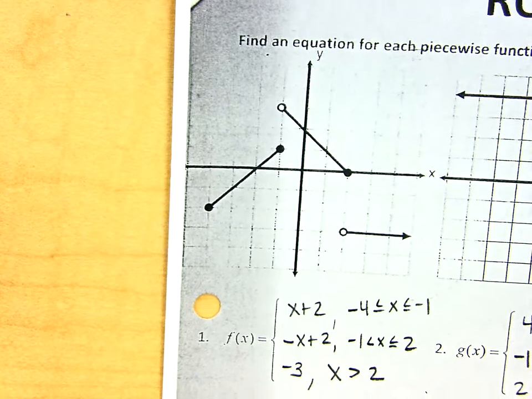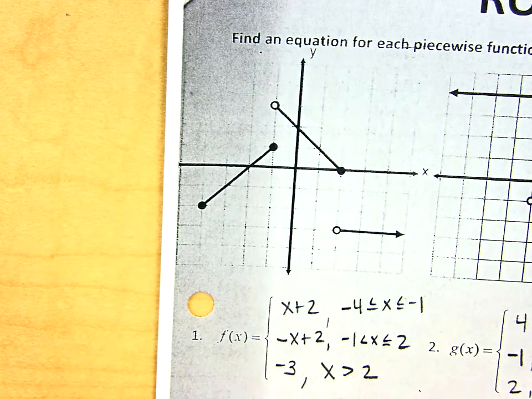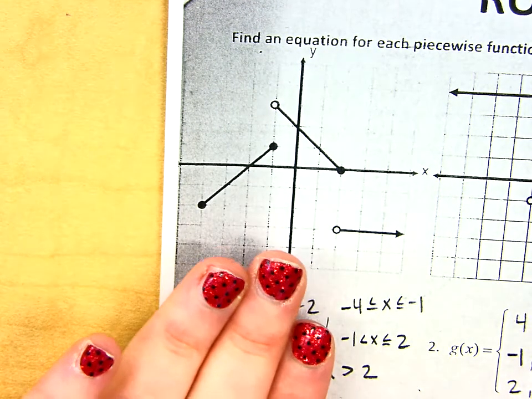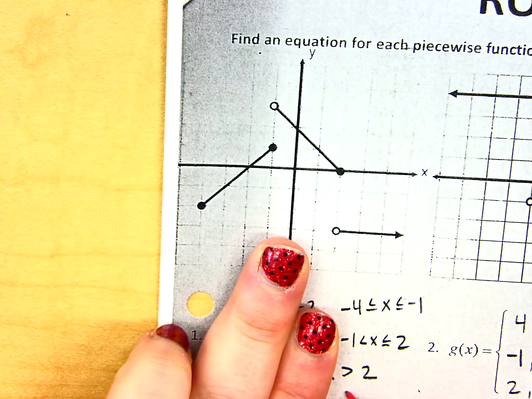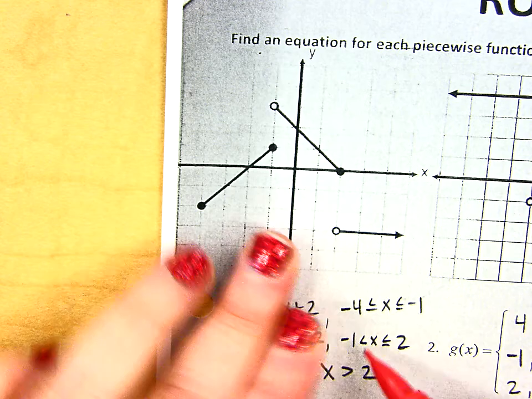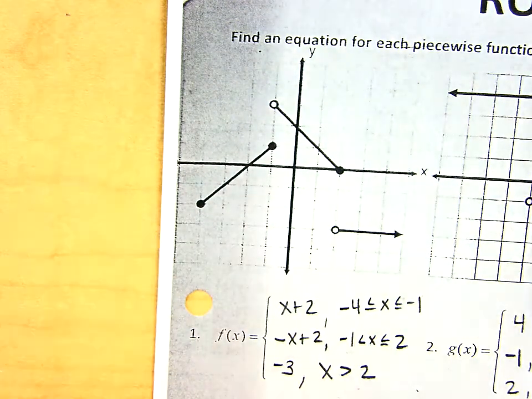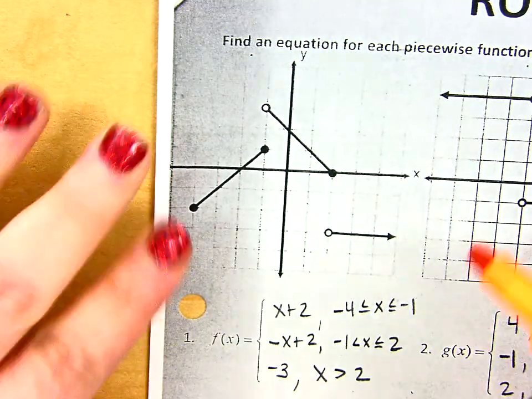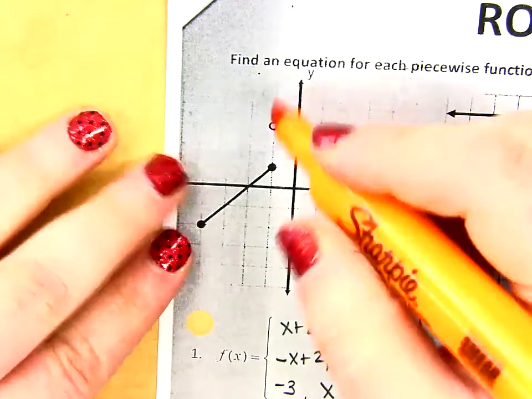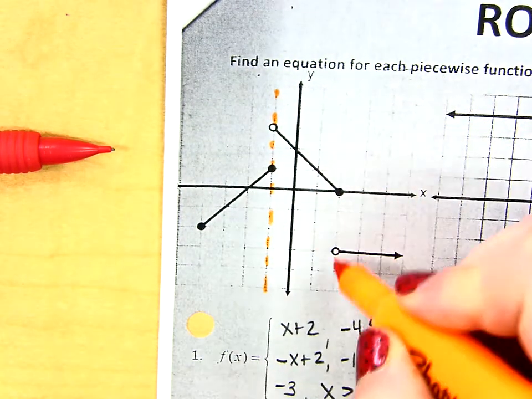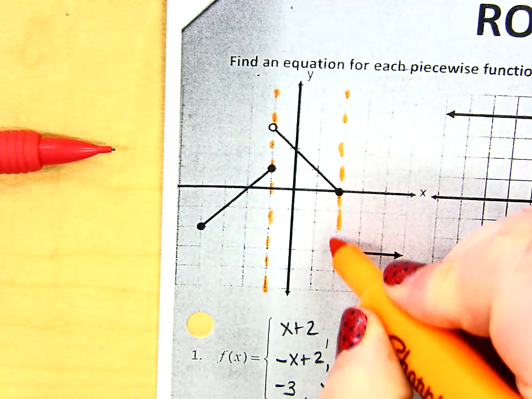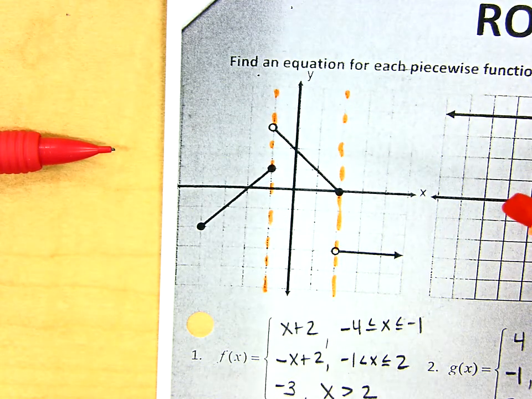All right. So if we look at the first one, me personally, and maybe you don't operate this way, but I think it's a lot easier to figure out what these boundaries are first. Where is my graph splitting? My graph changes right here. It also changes right here. And then I do have one other spot.